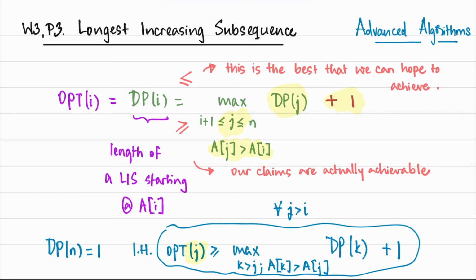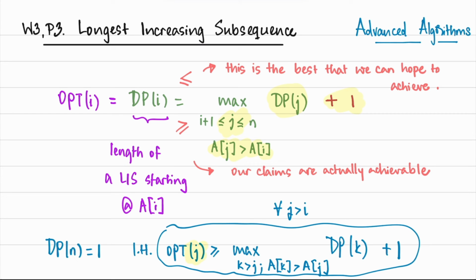So the optimum length of an increasing sequence starting at a of i is at least whatever is claimed by this, because I've just shown you a subsequence that is increasing, has the desired length, and starts at a of i. So that's how we prove the lower bound side of the inequality.